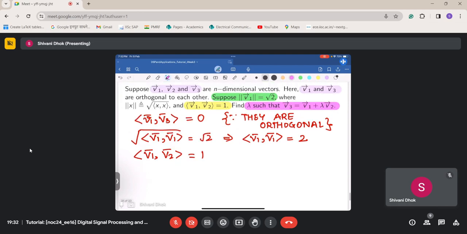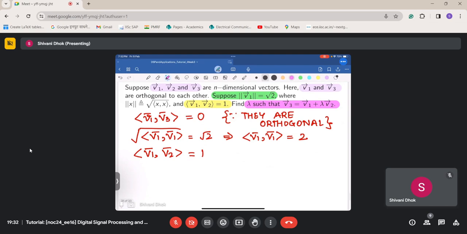So what relation do we have? We have V3 bar is equal to V1 bar plus lambda times V2 bar. And we need to find a lambda that satisfies this equation, using only whatever information is given to us.